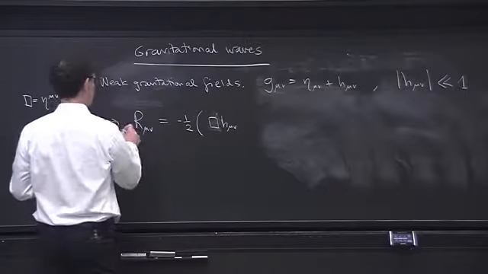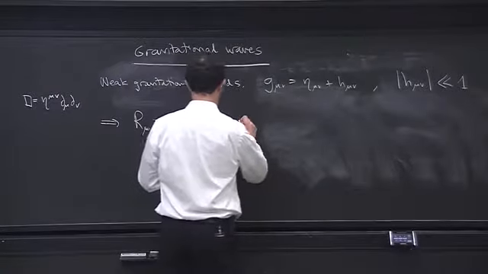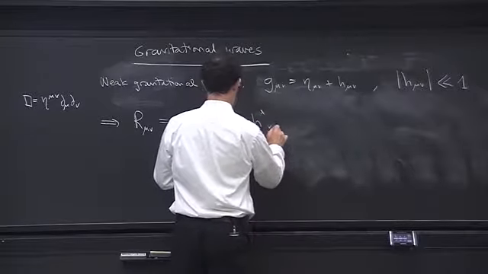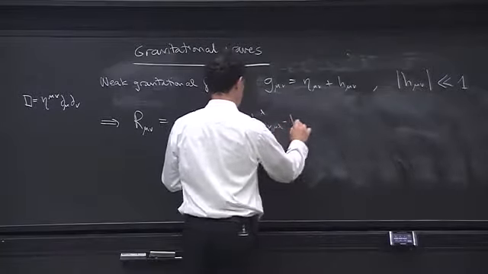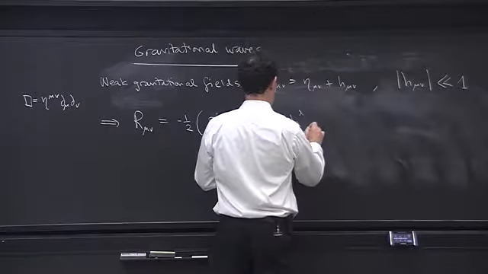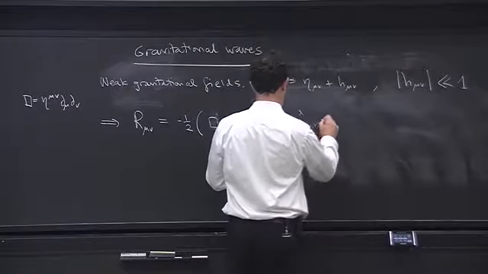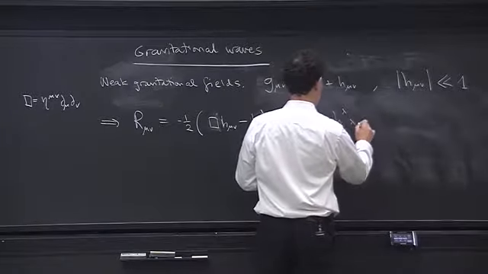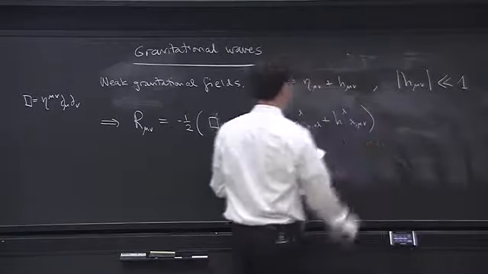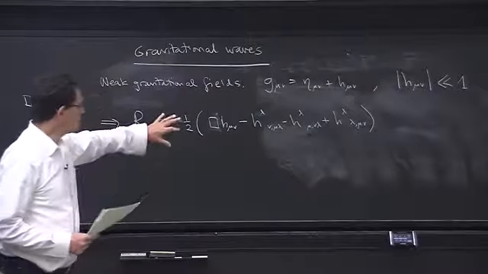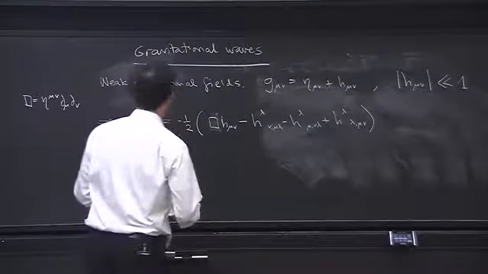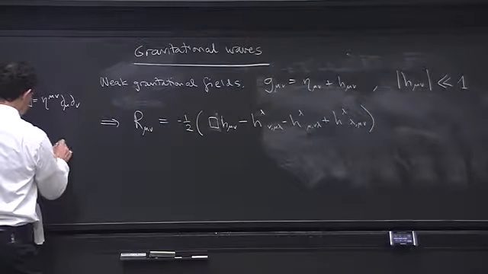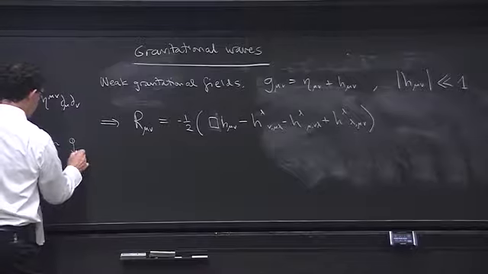And so this is what you get: h^λ_{ν,μλ} minus h^λ_{μ,νλ} plus h^λ_{λ,μν}. It is easy to get this formula from the formula I gave you before, where you had the Riemann tensor as being derivatives of the metric.